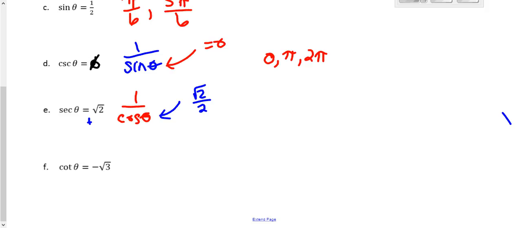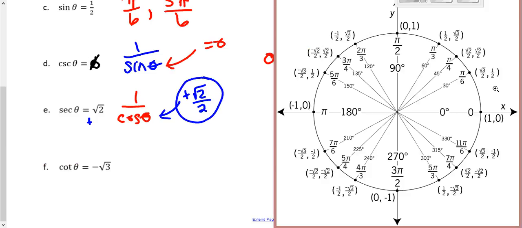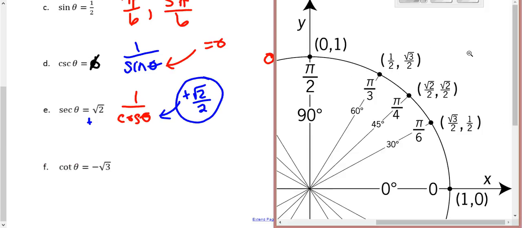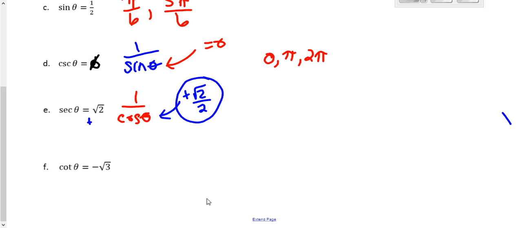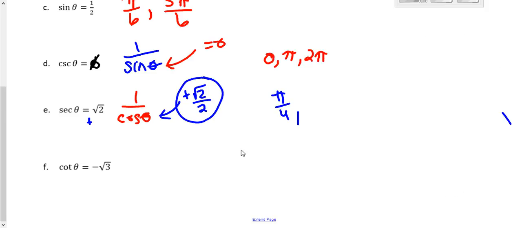And this is positive, so we need this to be positive. So wherever cosine is a positive square root of 2 over 2 is the answer to this problem. So start looking. Cosine is our x value, so pi over 4 is our first answer. Let's go find our second answer. Positive square root of 2 over 2. No, that's negative. Cosine is negative. Over here, 7 pi over 4.